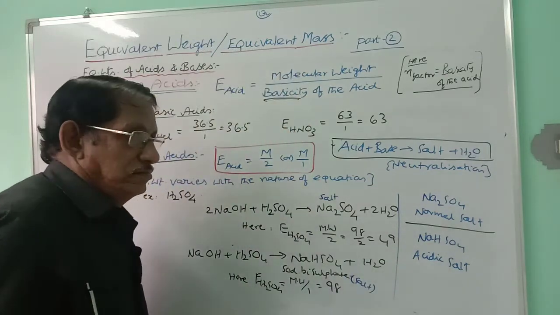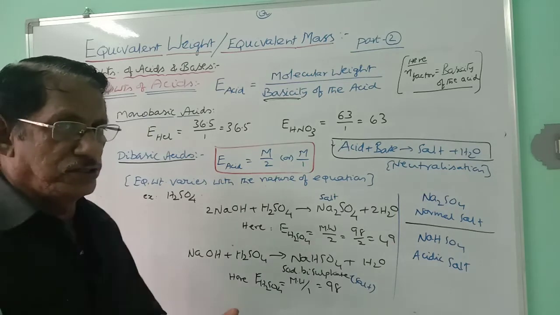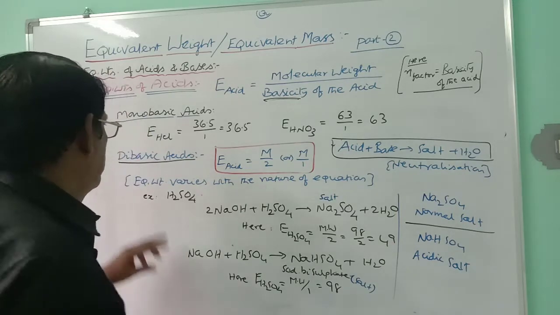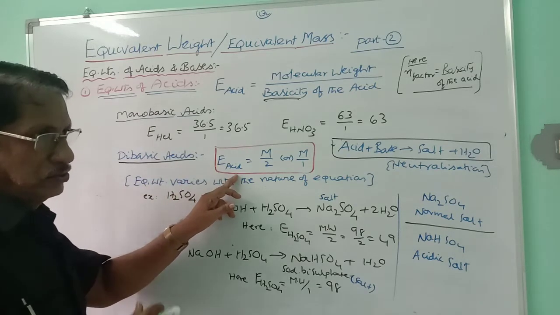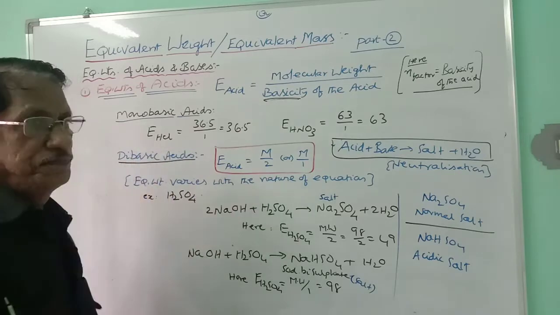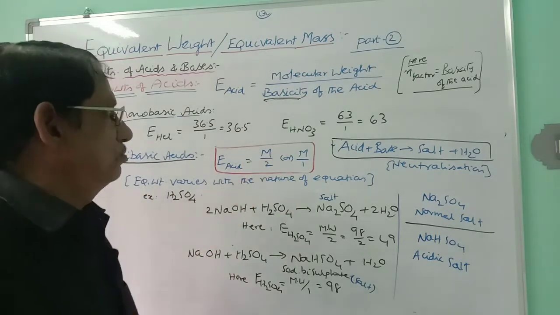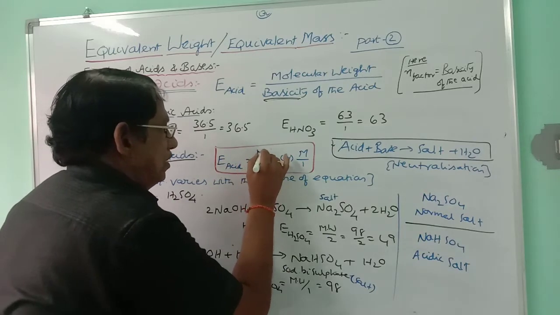Next, the peculiarity arises when you consider dibasic acids. The situation is entirely different here. In the case of dibasic acids, the equivalent weight is generally molecular weight by basicity, which is 2, so you write M by 2.